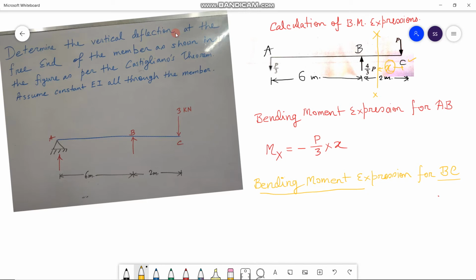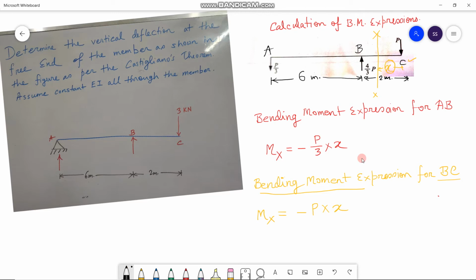So we have the bending moment Mx with respect to the section XX as minus P into x, as the distance between the section XX and the force P is x. So we have the moment as minus P into x.